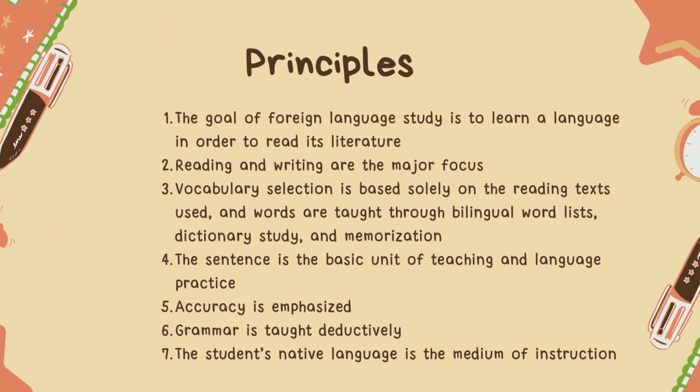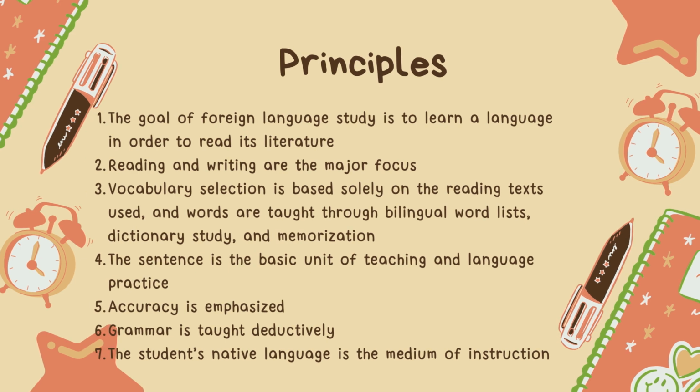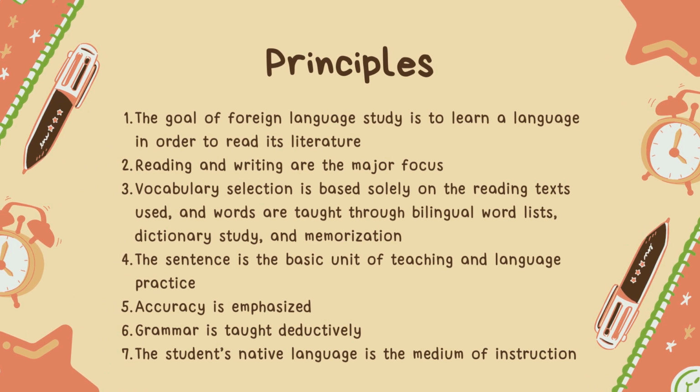The principal characteristics of the grammar translation method are as follows. First, the goal of foreign language study is to learn a language in order to read its literature, or in order to benefit from the mental discipline and intellectual development that result from foreign language study.